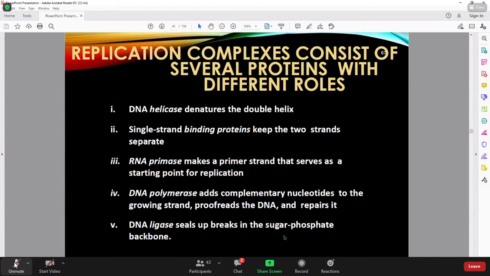Each follows its direction. It starts with helicase, then single strand binding proteins come in, then primase. Once we have primers, DNA polymerase adds nucleotides to the growing strand. If there is a gap in the growing strand, then ligase helps to close the gaps in the sugar phosphate backbone.